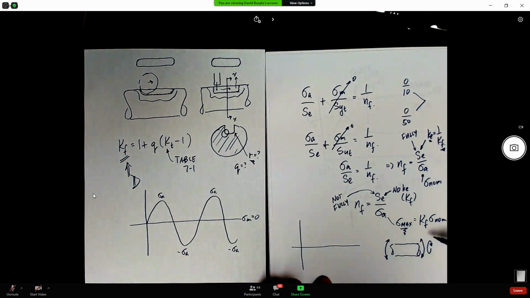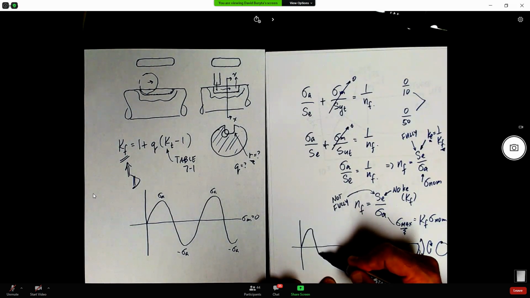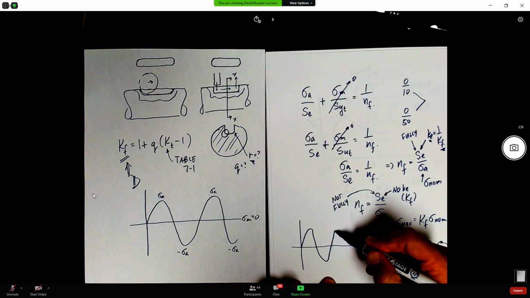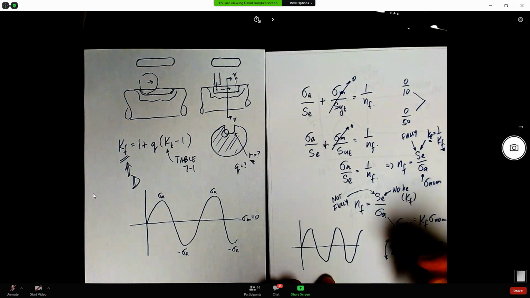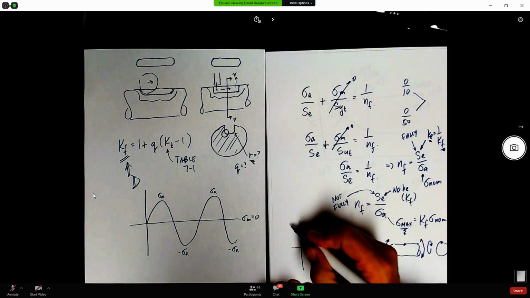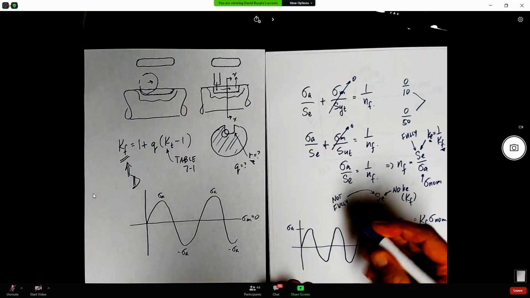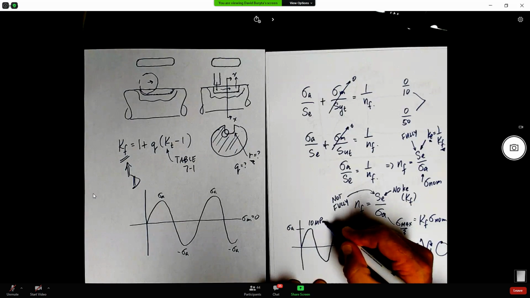As it rotates, if you follow one fiber up here at the top, it's going into tension, then into compression, then into tension, then into compression, and so on. So this value here is sigma A. Let's say this is 10 megapascals. This would be minus sigma A.